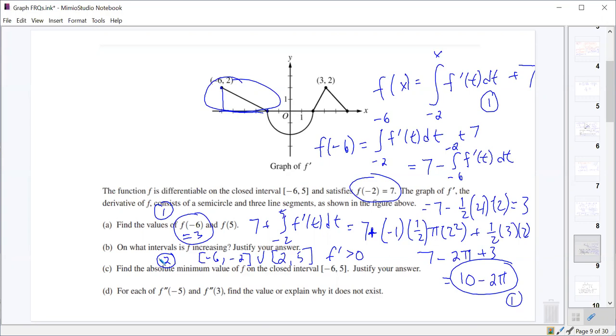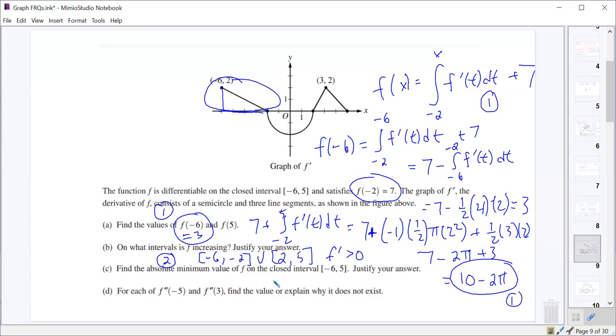But anyway, that's literally all. All right, part C, find the absolute minimum on the closed interval. An absolute minimum could be at a critical value, or since it's a closed interval, it could be at an endpoint. So we need to check -6, we need to check 5, and we need to check any critical values.